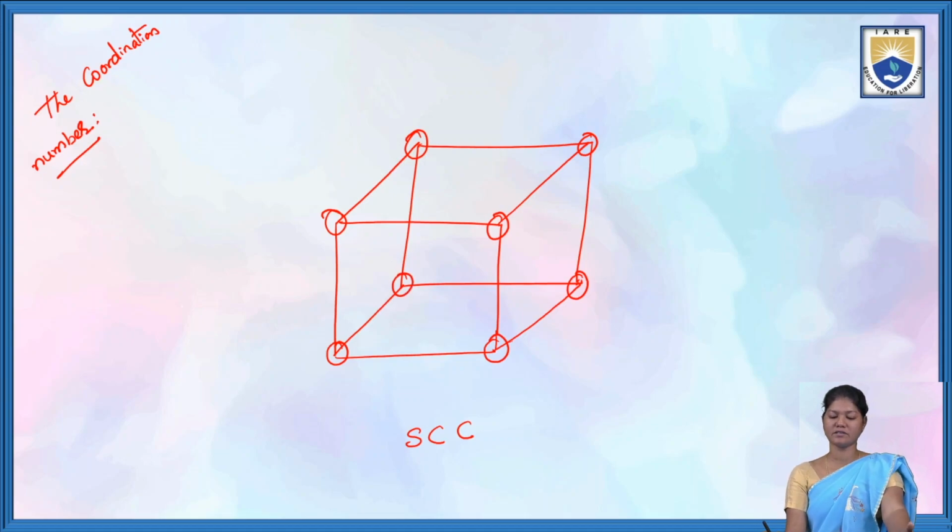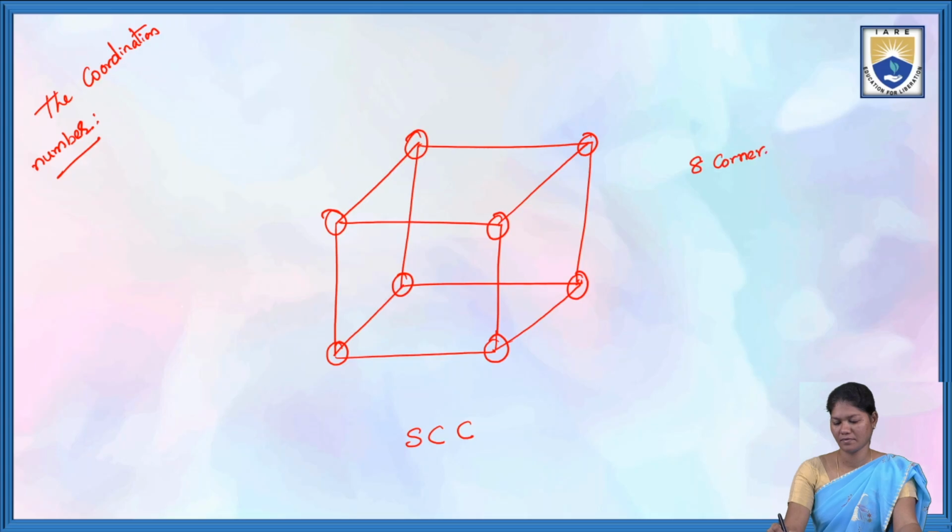So 8 corners, each corner has an atom, so we have 8 atoms.